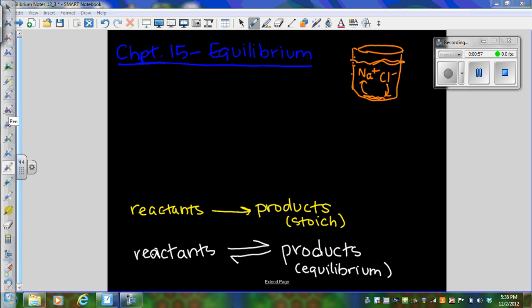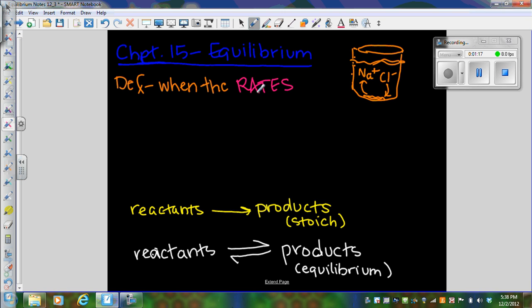So I want to start with a definition. Equilibrium occurs when, I'm going to change color here because this is really important, when the rates of two opposing processes are equal.